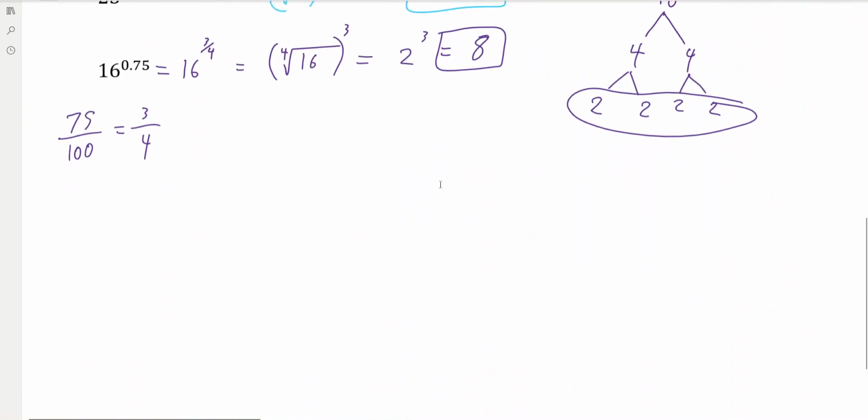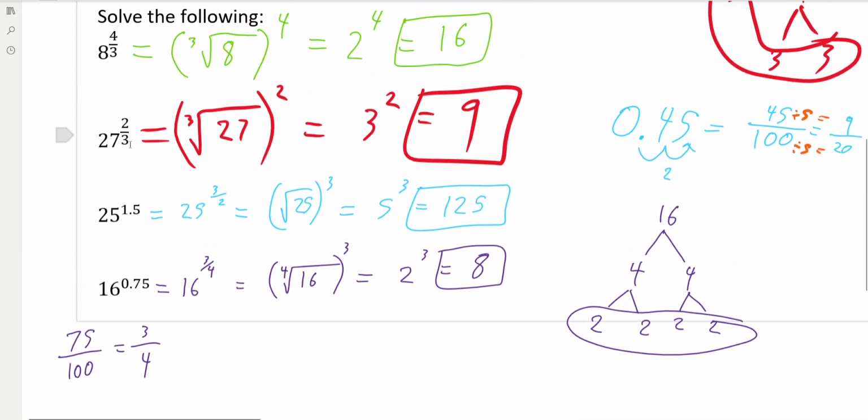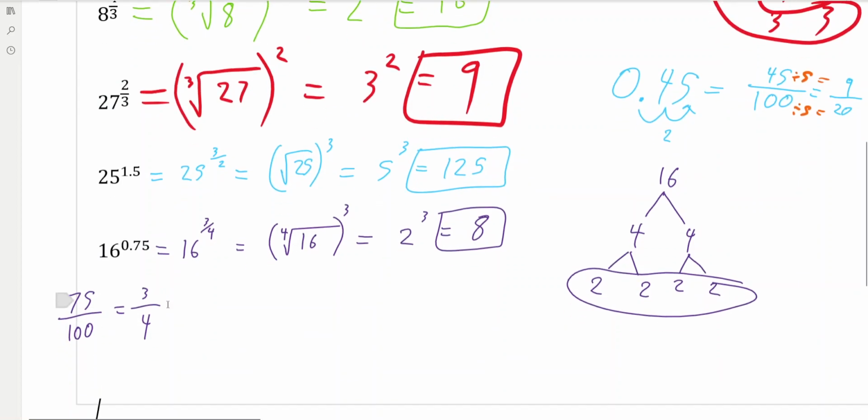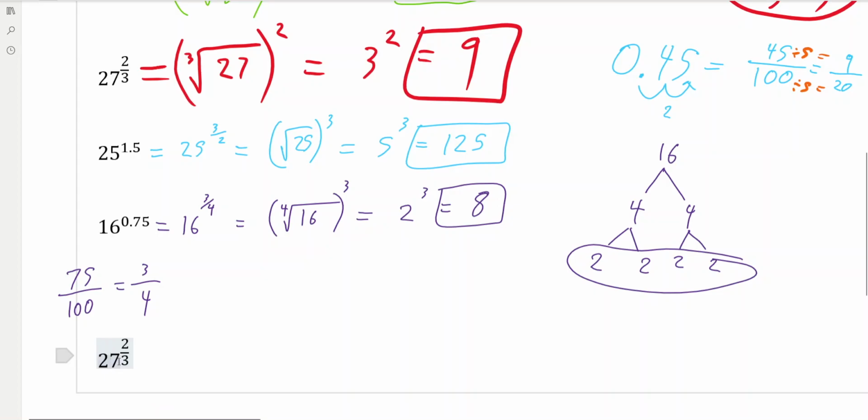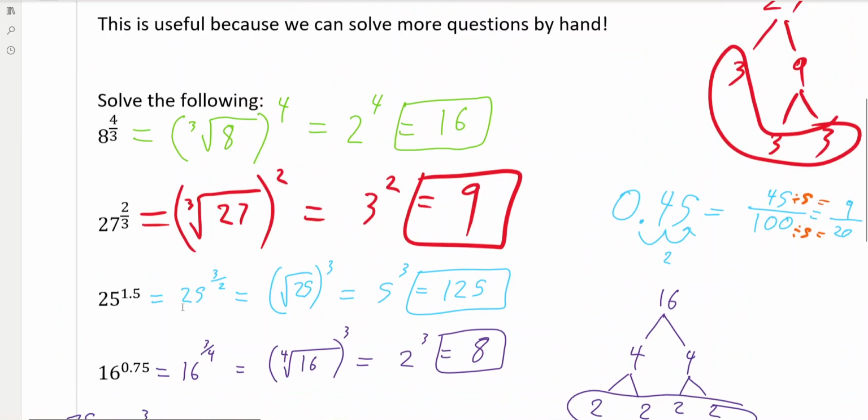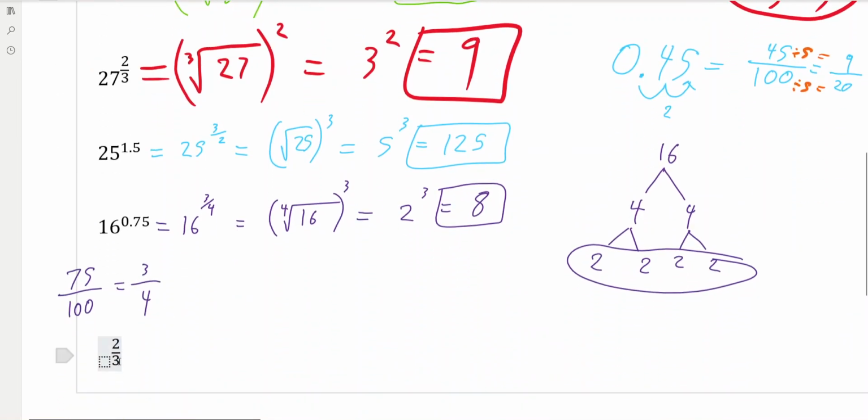Let's try one more example with a number that is maybe a little bit more complicated. I'm going to put a 2 here.